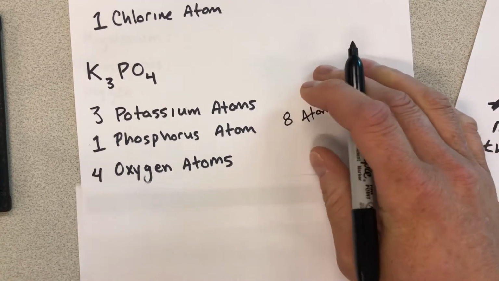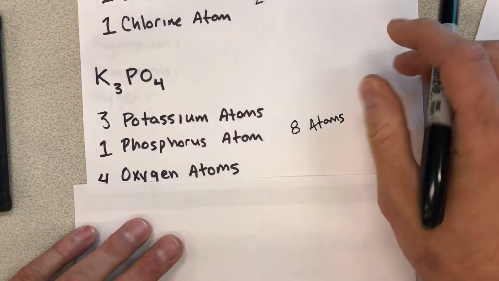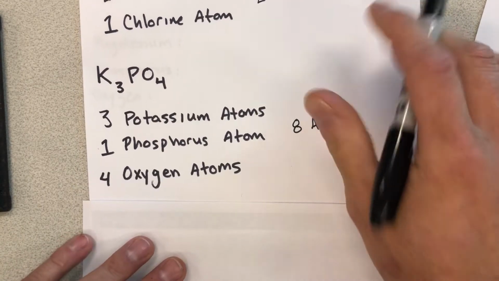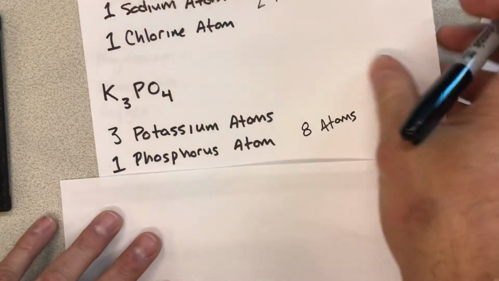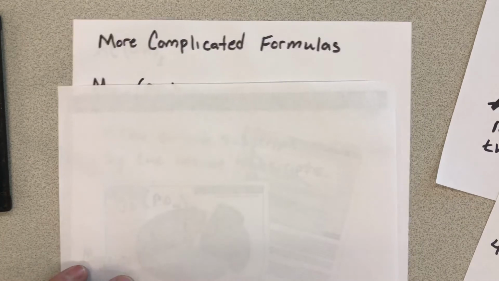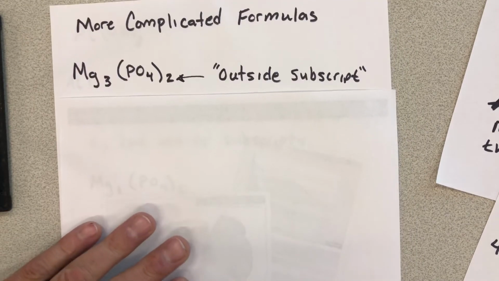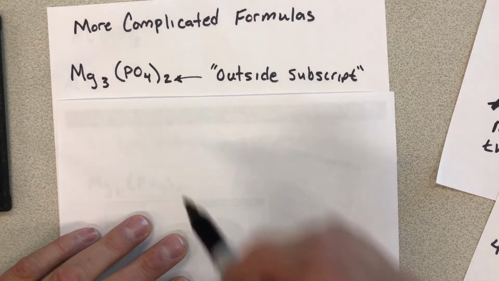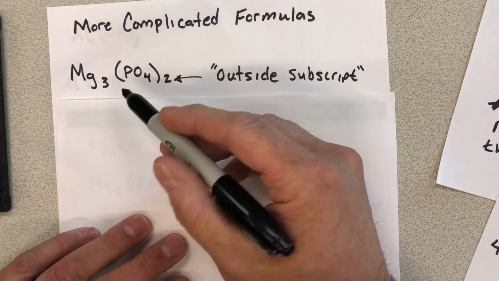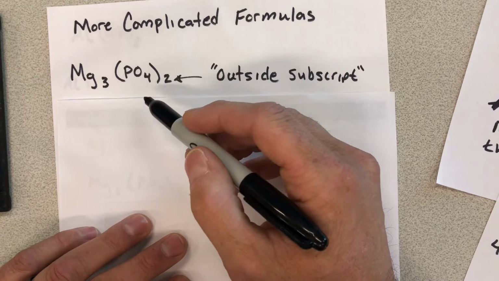Okay, so understanding chemical formulas is not terribly hard, but it can be a little bit more complicated if the chemical formula is a little bit more complicated. So here's one that you're going to start seeing a little later here. This is where we have parentheses that are part of the chemical formula.